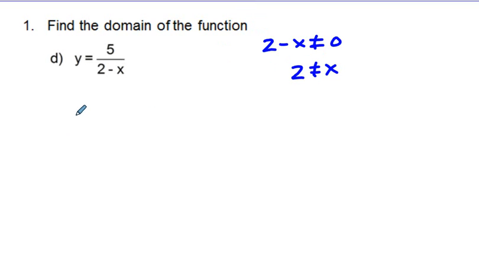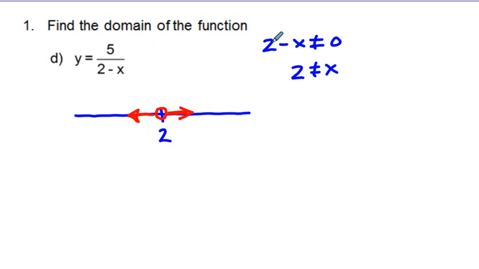And so what this really looks like is, if we have a number line and mark on that number line 2, we know that x cannot equal 2, but it can be anything greater than 2 or anything less than 2.